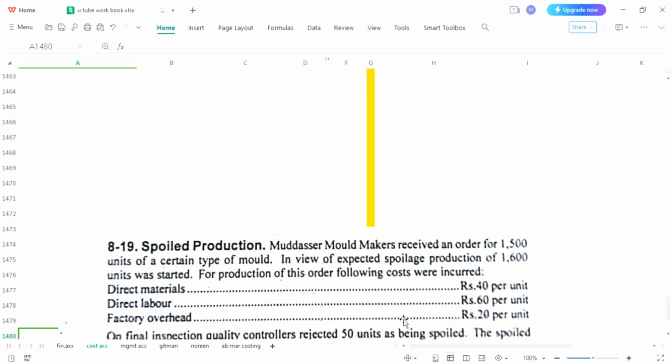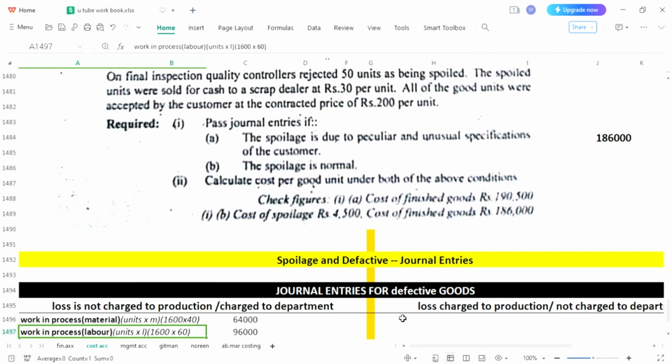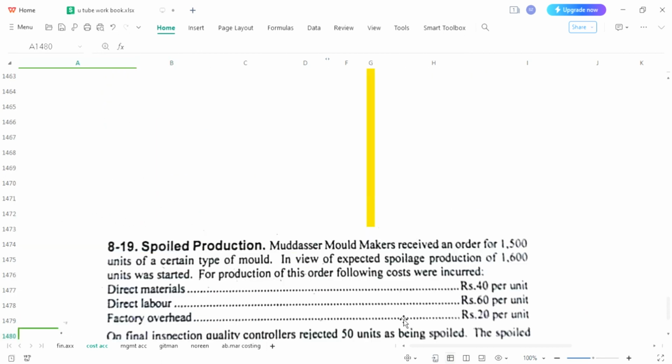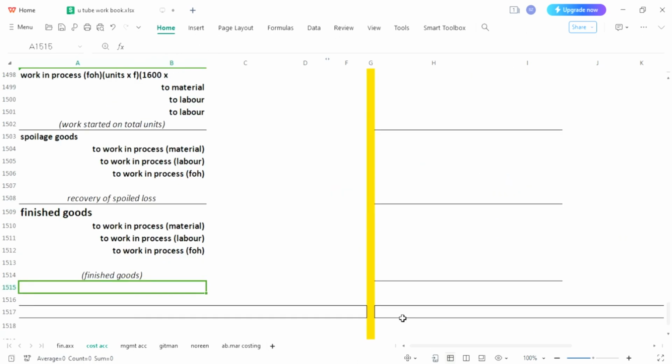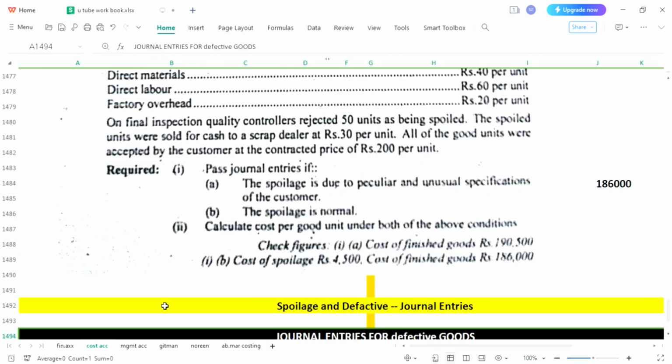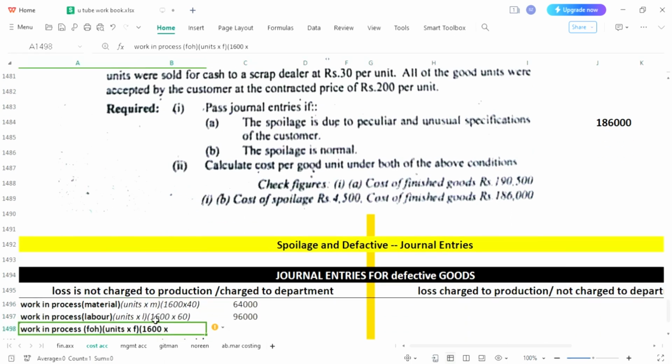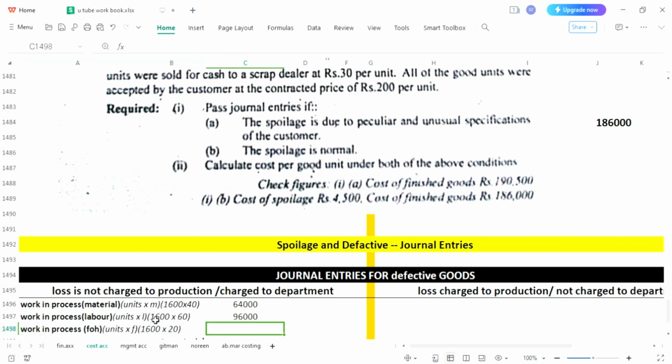Factory overhead per unit cost is already provided. So what you will do, you will write this 20 per unit cost over here. Since we are calculating overhead, 20 per unit is written. This was your statement for factory overhead work in process. Now we are open to calculate. 1600 would be multiplied by 20.